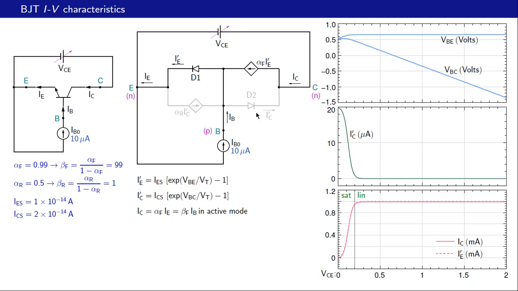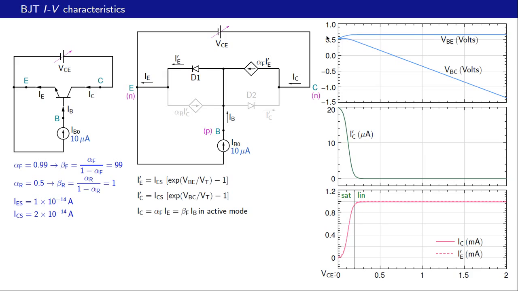That means the base collector diode is under reverse bias, and that means IC prime is very small, nearly 0, and therefore this branch is like an open circuit, and so is this branch. And if we look at the IC prime plot, we see that IC prime is 0 at VC equal to 1 volt.